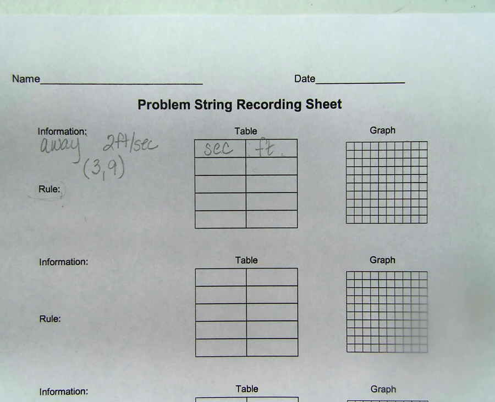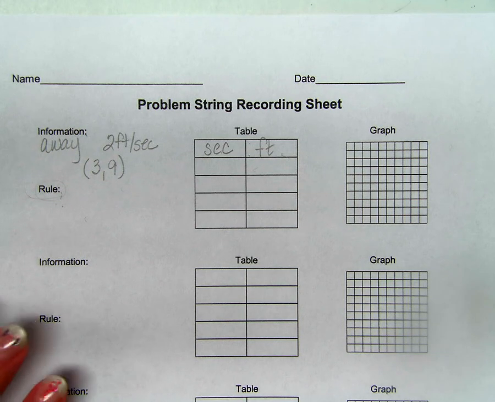Would you tell me where you started? Yes. You started with the rule? Okay. What did you use to find your rule? What? The information? Which information? Which part? Okay. Then what did you write as your rule?